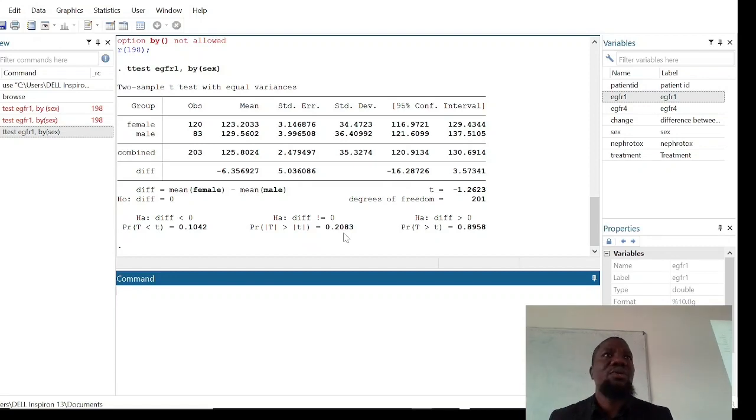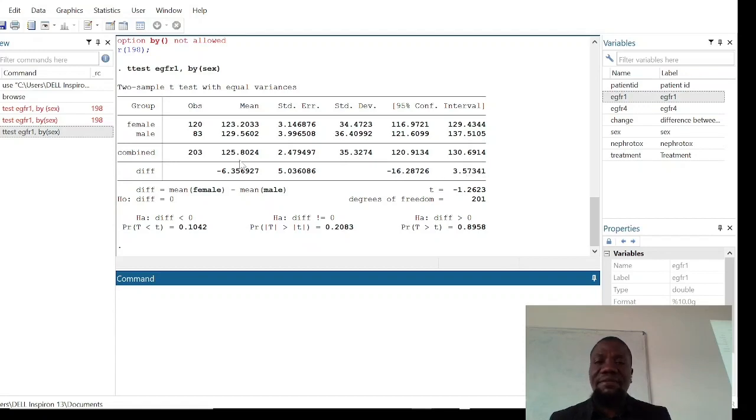The null hypothesis states that there is no difference between the two means. So if the p-value here were less than 0.05, we could have had enough evidence to say there was a statistically significant difference between the mean EGFR of the females and the mean EGFR of the males. The other way, we said, is that you can use the confidence interval.